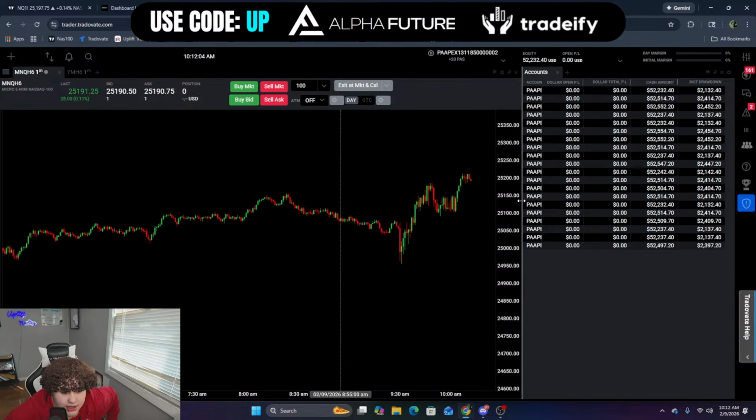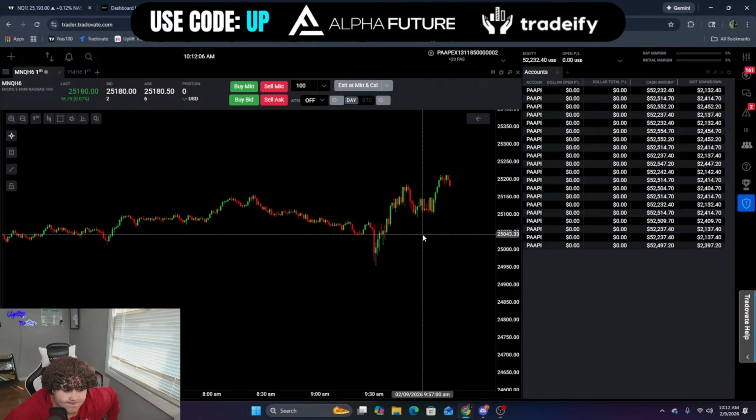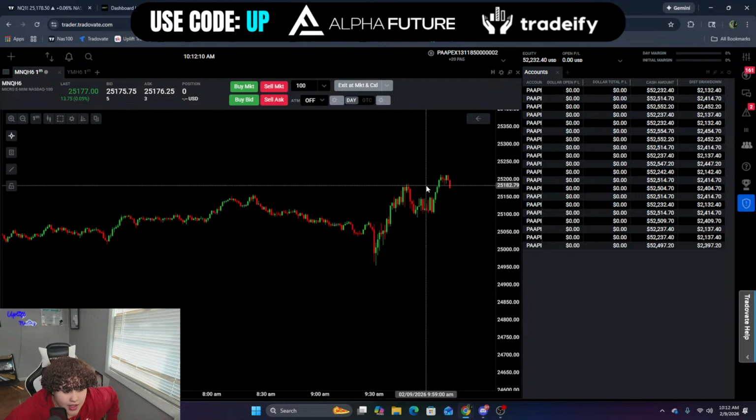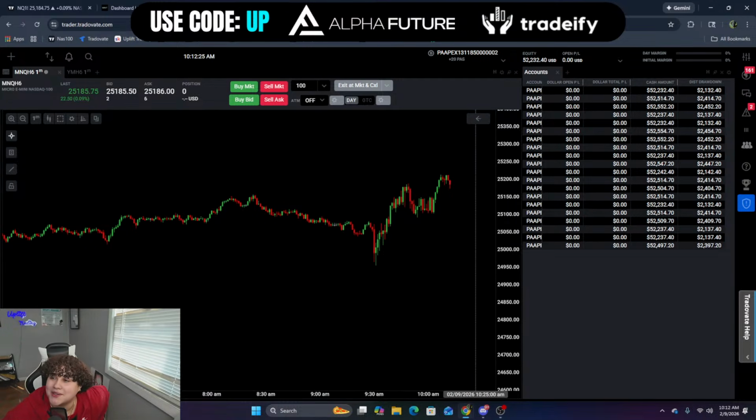But I think the copy trader with TopSap X is clean, but it's also TopSap X. So with TopSap X, I just feel like you can't trust too much now. I don't know.